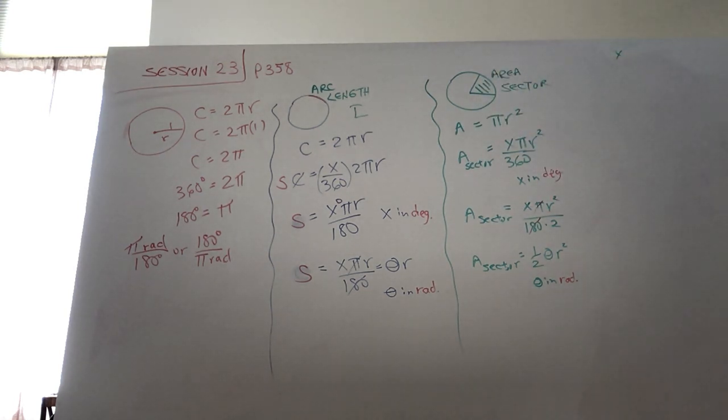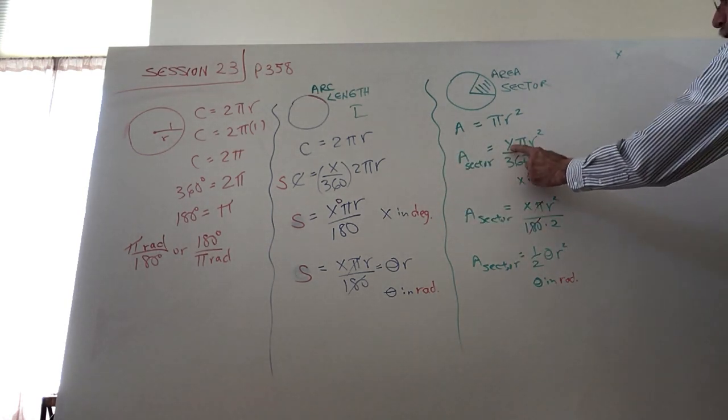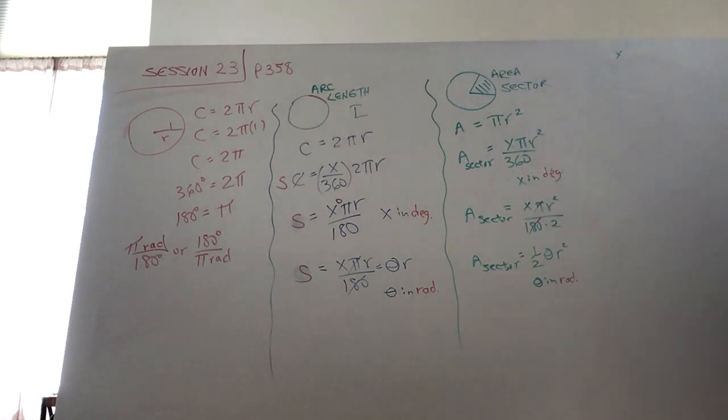The area of the circle, of course, is pi r squared. If we're talking about a portion of that circle, then we'll do the same thing we did with the arc length. We'll talk about a portion, x number of degrees out of 360. This is the very simplified version of the area of the sector, x pi r squared over 360, again if we're talking x in degrees.